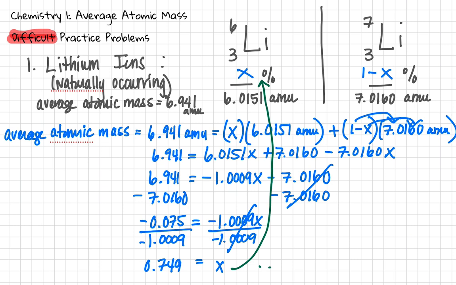And so therefore, this one is 1 minus 0.0749, which is equal to 0.925. Now I have my percentages.